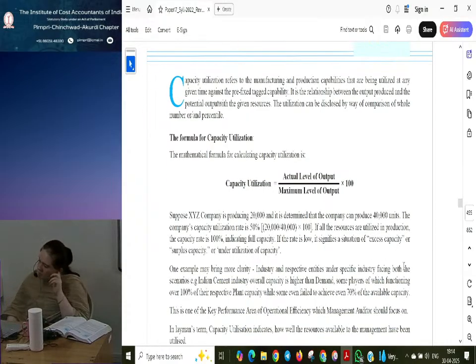Okay. So when the asset is not properly utilized, the production units come down and the fixed cost will be shared across a smaller number of units. So your fixed cost per unit is actually going to go up.